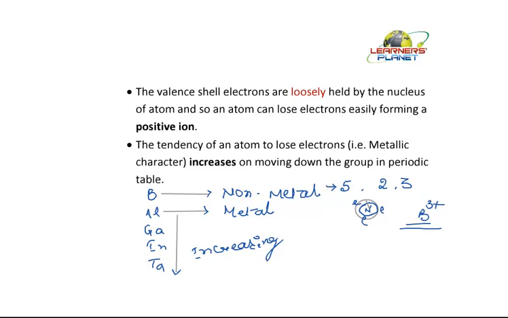That would be better. Because it has got 3 electrons, it can lose them. So I can say here it is least metallic. The metallic character is very, very less here. Okay, so it is least metallic. Atomic number 5, configuration 2, 3.